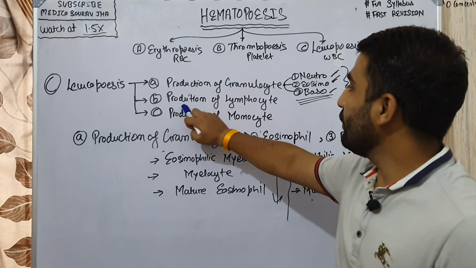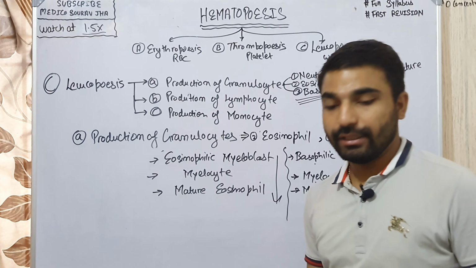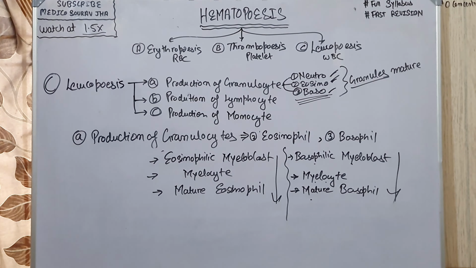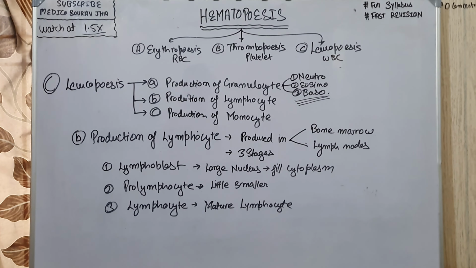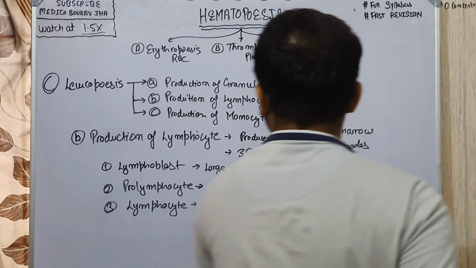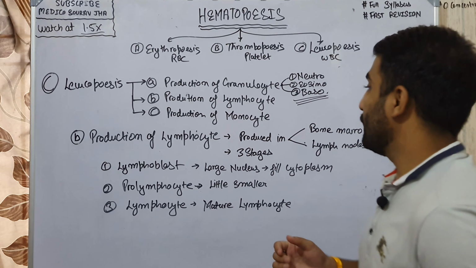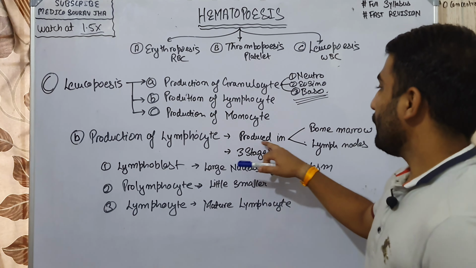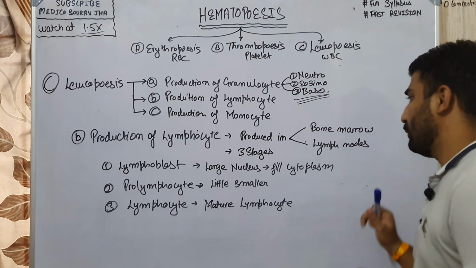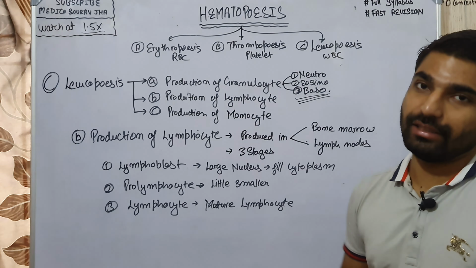Okay, so now we are gonna discuss lymphocyte. This is a bit important, so pay attention to this. We are on the next part, the production of lymphocyte. It is produced in bone marrow and lymph nodes. Actually, lymph nodes are the main site where the lymphocyte lives.